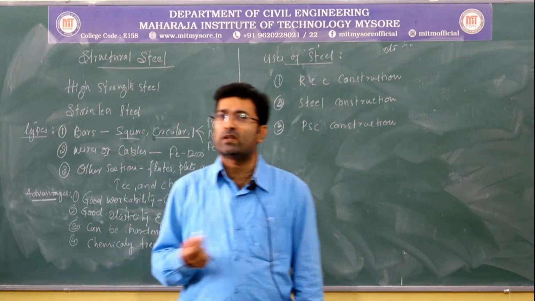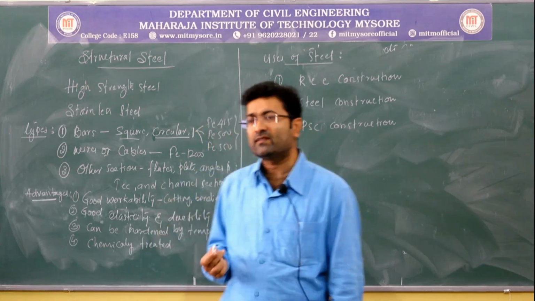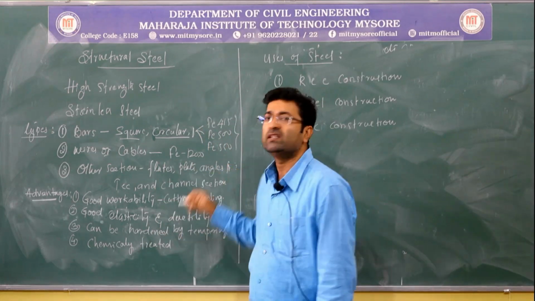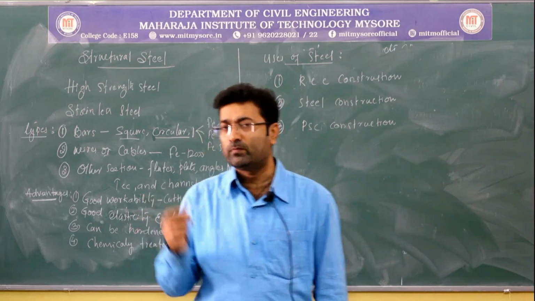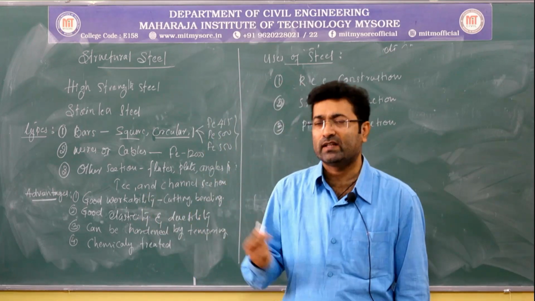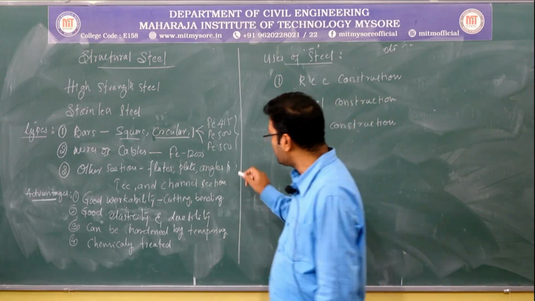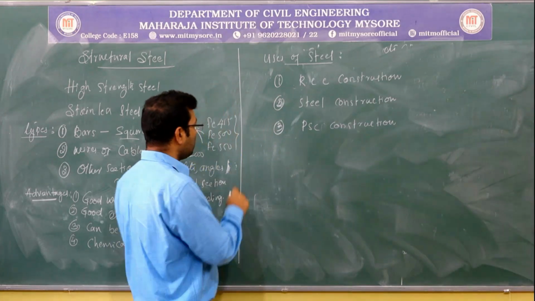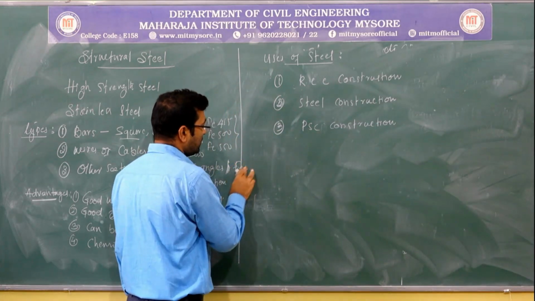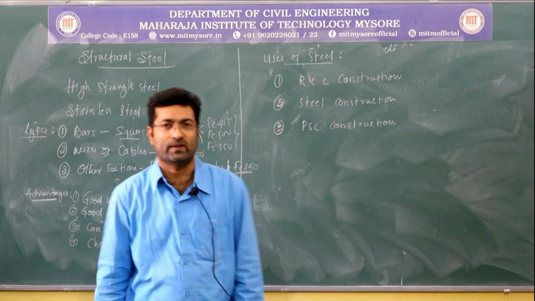Whenever there is a requirement of large span, we go for trusses. Trusses are basically made from steel sections, which may be angles, channels, pipes, tubes. Many different sections are available in the market, and majority of the times these steel sections will be of Fe 250. We will be using mild steel sections.